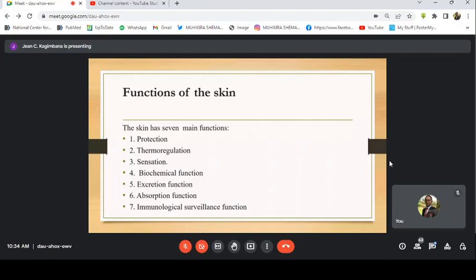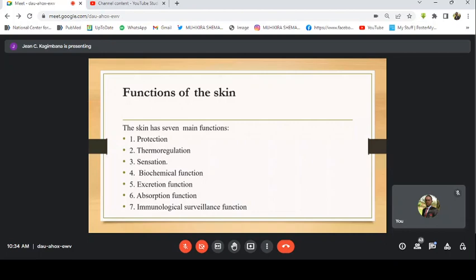Just retain that the major functions of the skin are these 7: protection, thermoregulation, sensation, biomechanical function, excretion, absorption, and immunological surveillance. Okay?